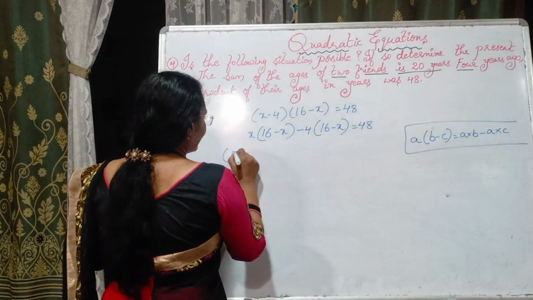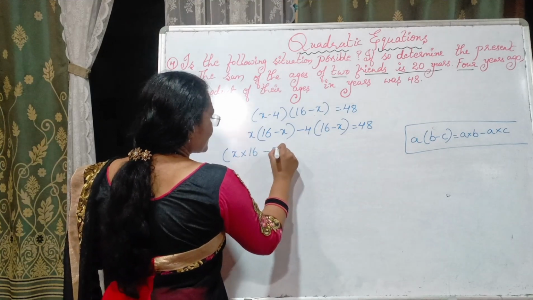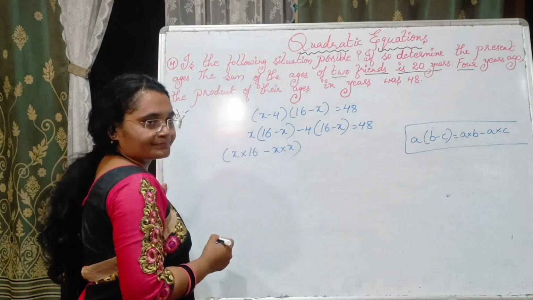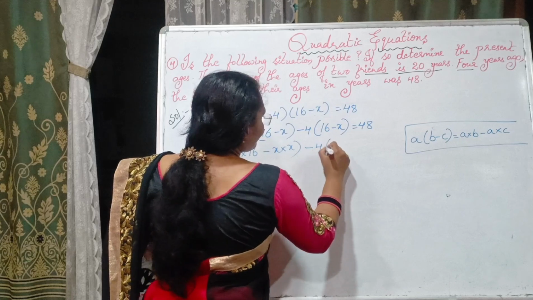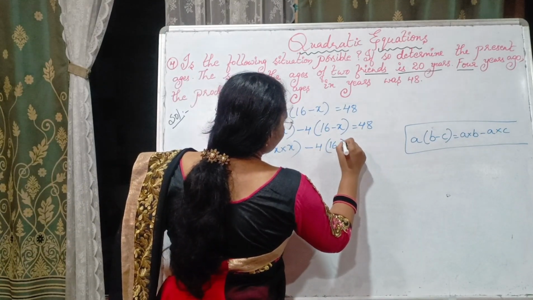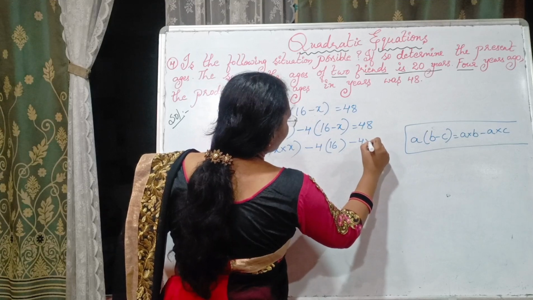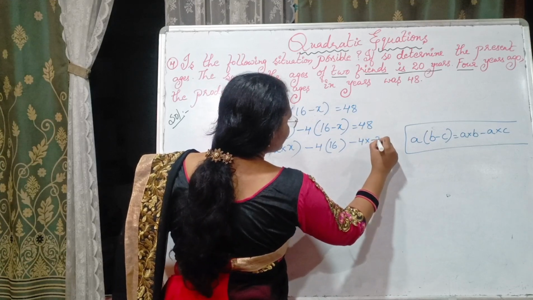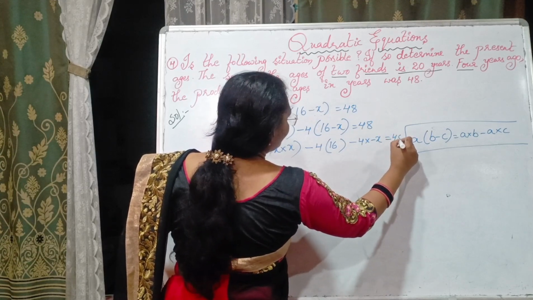x into 16 minus x into x. In the same way, minus 4 into 16, minus 4 into minus x, is equal to 48.